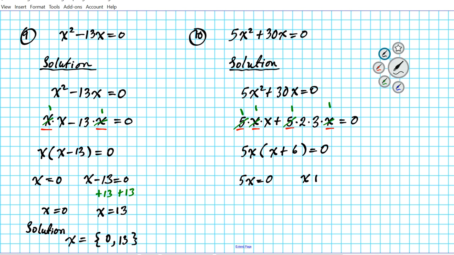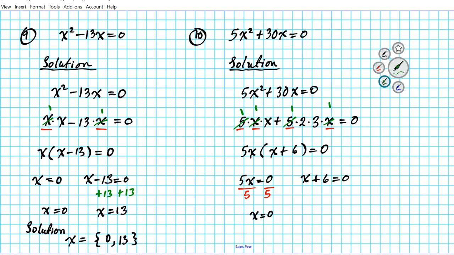In this particular case, none of them are in their solved state, unlike number 9, where the first one was in the solved state. So we need to do some work. For the first equation, divide both sides by 5, and you get x equals 0, since 0 over 5 is 0.